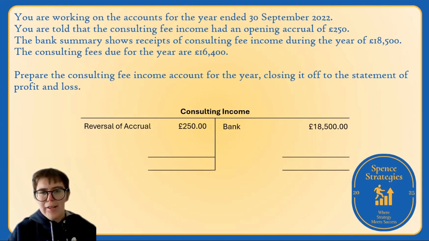It's got to be a credit. It's income that I have received earlier than what I should have. Therefore, in my consulting income account, it has to be the opposite, and it has to be a debit balance. So I have a prepaid income of £1,850 debited to my consulting income account.